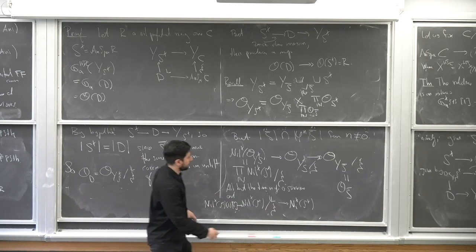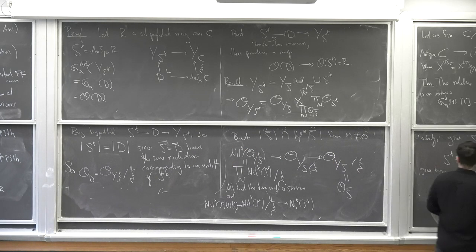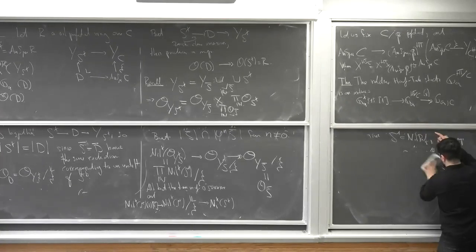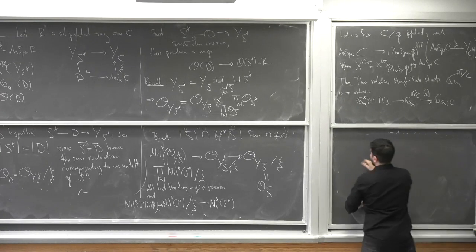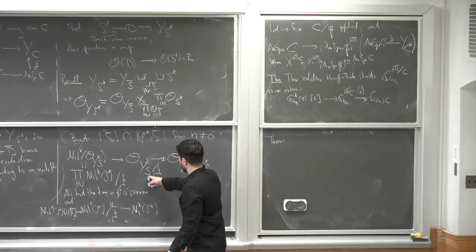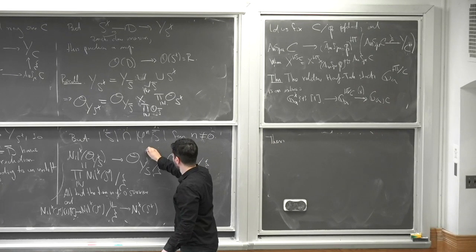In total, if you look at what happened in this complex, you have the map from O B, that is this one.